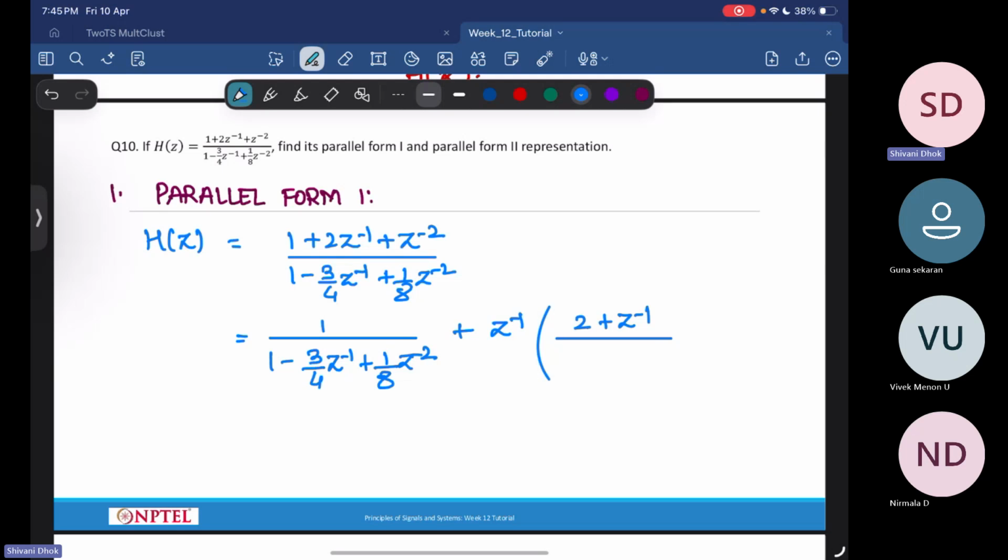Let's do it in this way, upon 1 minus 3 by 4 z inverse plus 1 by 8 z inverse.